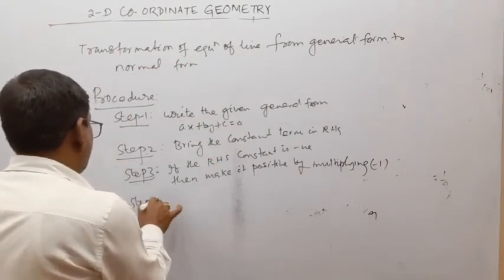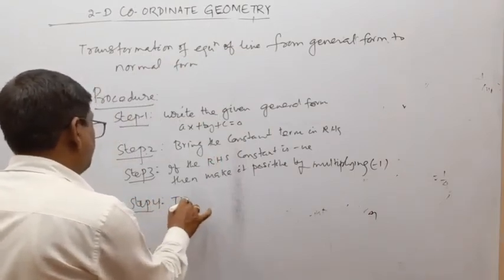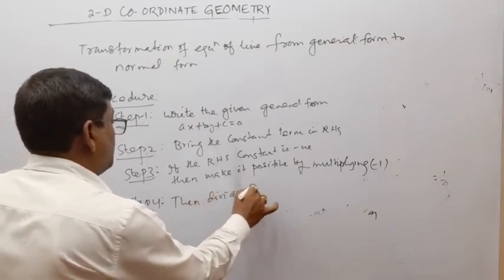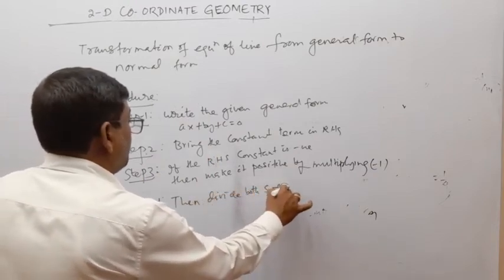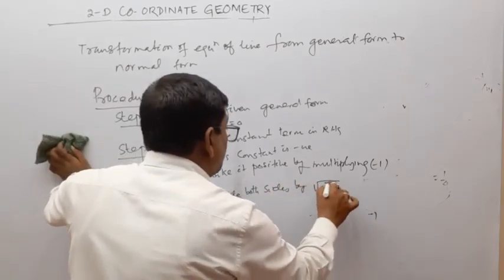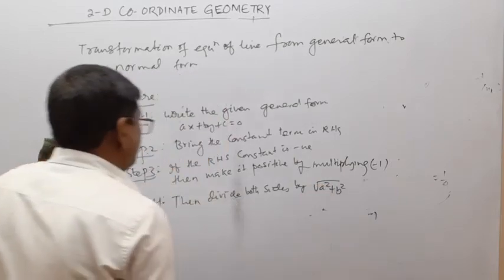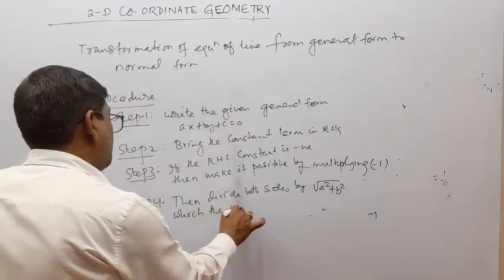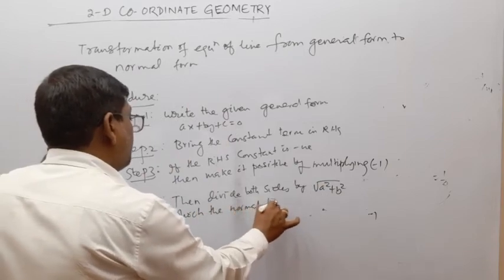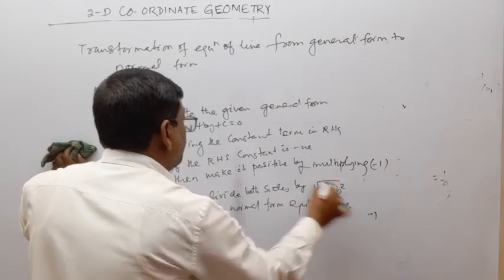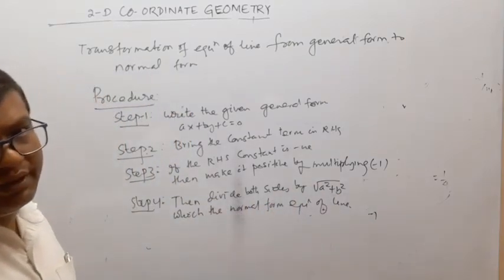Step 4: Then divide both sides by square root of a square plus b square, which is the normal form of the equation of line.